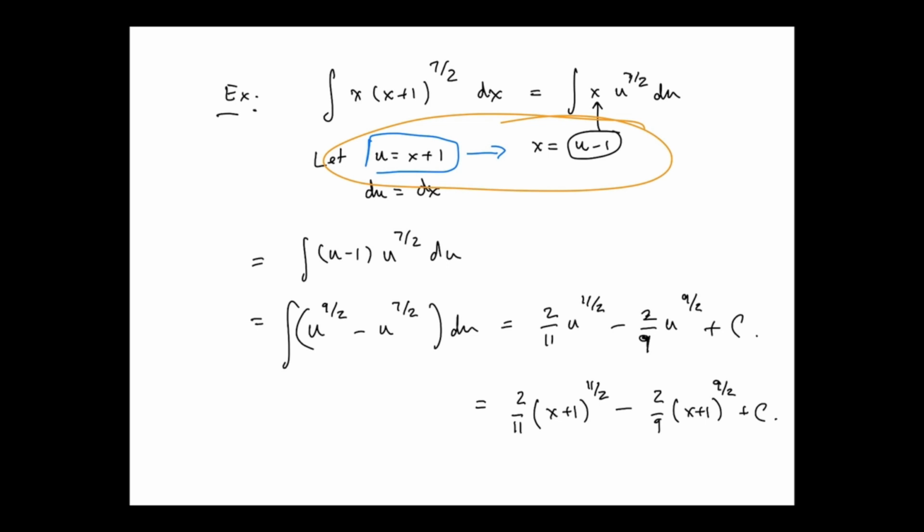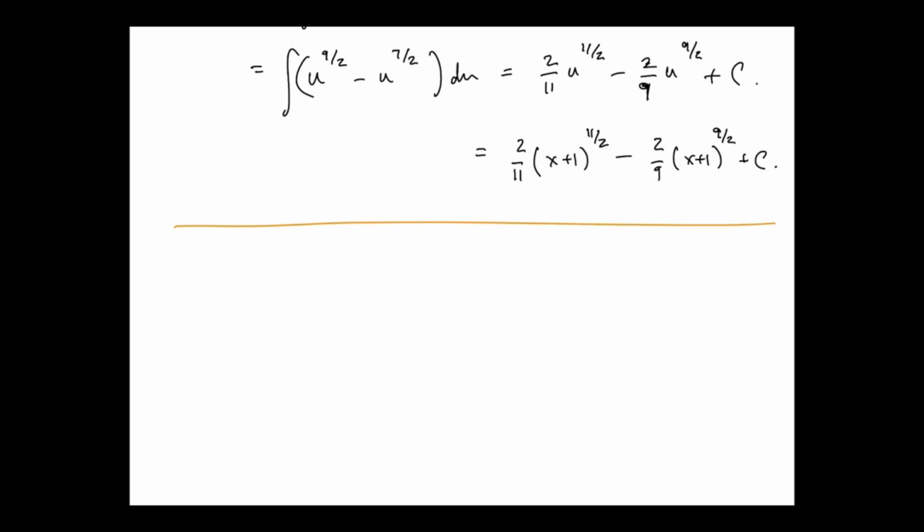No. Okay. All right. So let's move on to another one that's kind of spicy, and let's see what you guys think you can do here. Let's say that we had x plus 3, x minus 1 to the 5th dx.